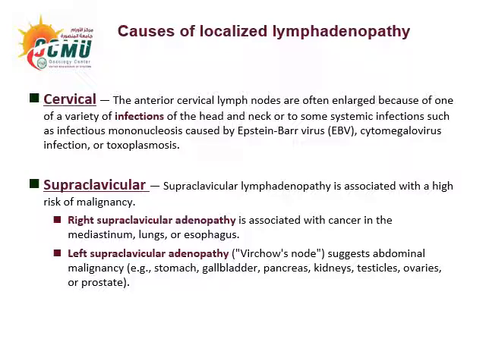Isolated right supraclavicular adenopathy is usually associated with cancer in the mediastinum, lungs, or esophagus. In the left supraclavicular lymphadenopathy, as we mentioned before, Virchow's lymph nodes suggest abdominal malignancy, for example, gastric, gallbladder, pancreas, kidney, testicles, ovary, or prostate. And we showed how this occurs.